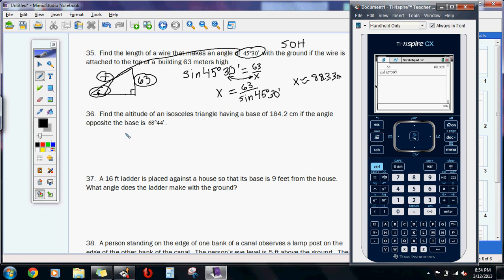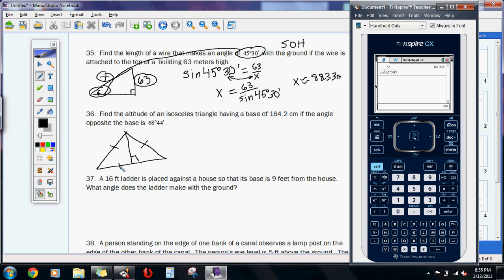What we want to do is draw an isosceles triangle, because that's what the problem is talking about. So I'm going to make those two the congruent legs, and we're supposed to find the altitude. So then we're going to drop down an altitude, not in all triangles, but in an isosceles triangle, the altitude will divide it into two congruent triangles.